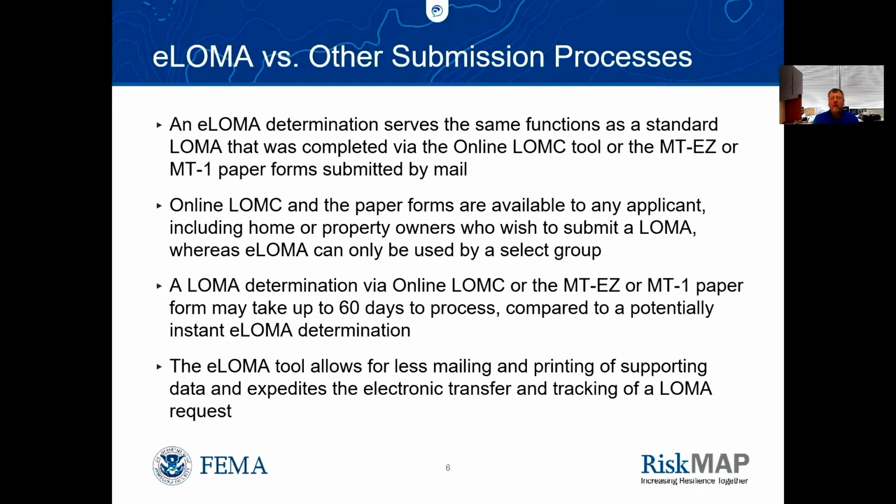All the supporting data is uploaded into the MIP, and nothing needs to be mailed to FEMA in support of that eLOMA application. At the end, the determination can be generated by the licensed professional and then provided in electronic format via email or FTP site, something like that, to their client.